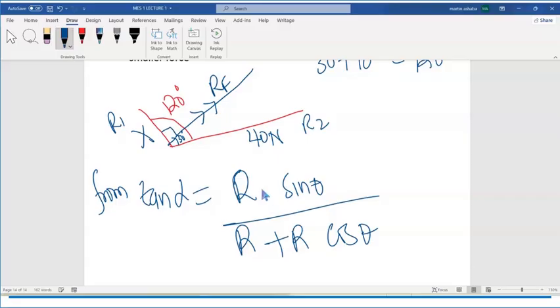This becomes R1, this is R2, and this is R1. So here, theta will be 30 degrees, because we're talking about the angle between the resultant force and the other side of the parallelogram, either short or long.